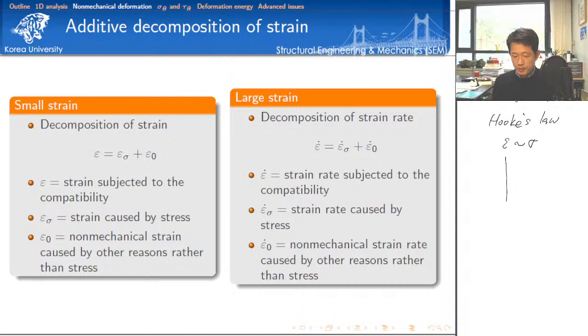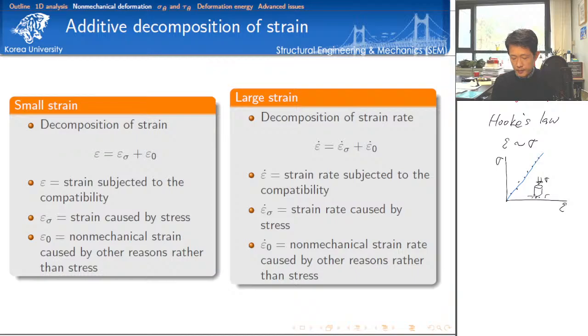In the graphical representation of stress and strain, when we measure the behavior of a material, we apply stress to a certain specimen supported at the bottom. Then if you measure the strain, we observe that the relation is almost linear.